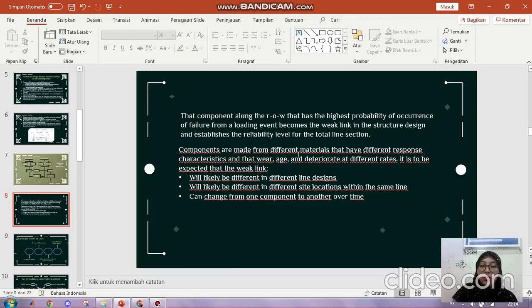The component along the route that has the highest probability of failure from a loading event becomes the weak link in the structure design and establishes the reliability level for the total line section. Components are made from different materials that have different response characteristics and that wear, age, and deteriorate at different rates.